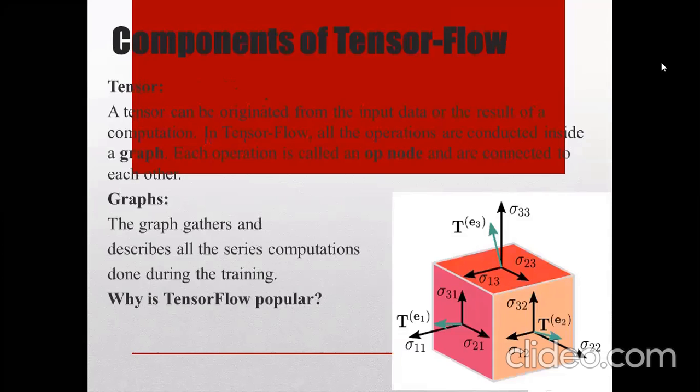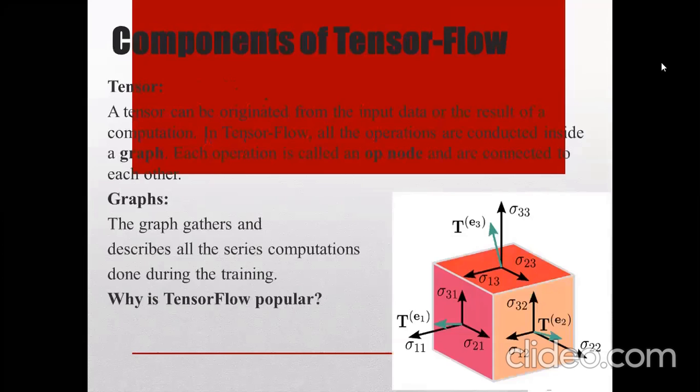It's an open source platform, which means you can readily download TensorFlow. You can even reorganize and modify the existing components of TensorFlow and release it in the market without paying anything to Google. So these are the features and history of TensorFlow.